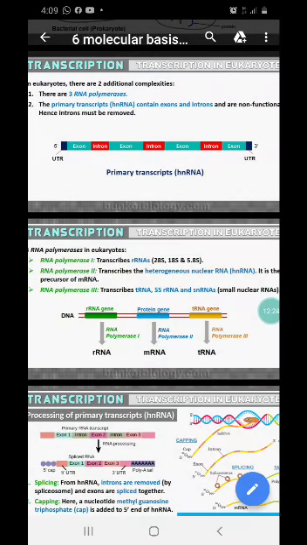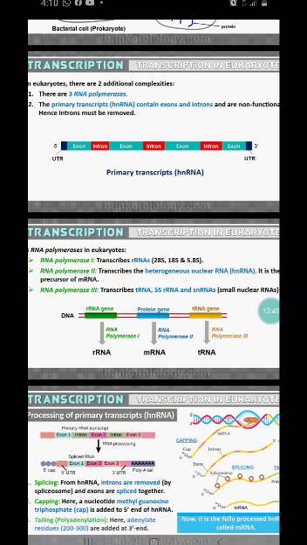Children, I told you there are 2 differences between eukaryotic and prokaryotic transcription. What were they? Yes, in prokaryotes there is only one RNA polymerase which synthesizes all the 3 types of RNAs, whereas in eukaryotes there are 3 types of RNA polymerase to synthesize each of these 3 different RNAs. Now, what was the second difference?